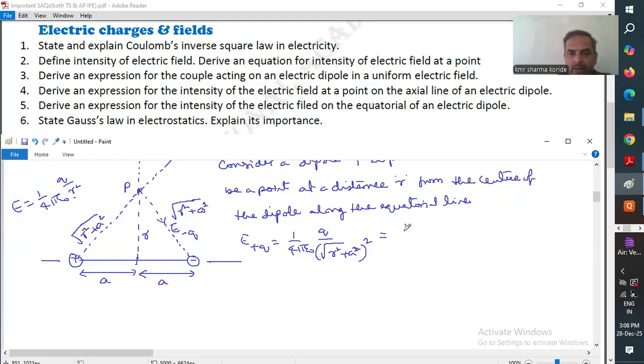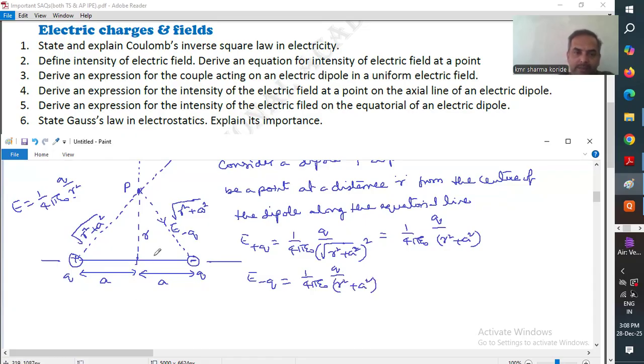So you'll get 1 by 4 pi epsilon naught Q by R square plus A square, because square and root get cancelled. Same way, intensity of electric field due to negative charge, 1 by 4 pi epsilon naught, because point P is at equal distance from both negative and positive charge of the dipole. So therefore, for negative charge also get the same equation, R square plus A square without root.